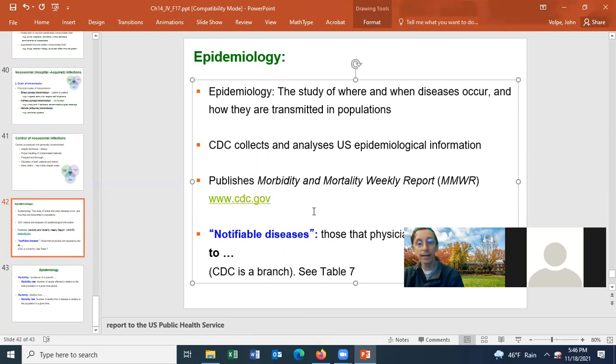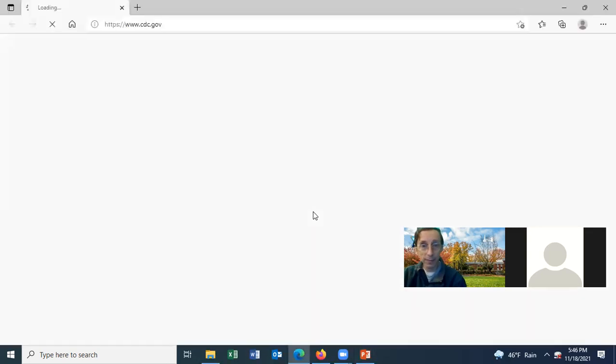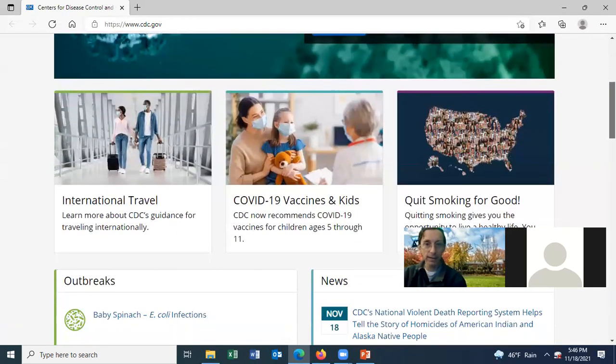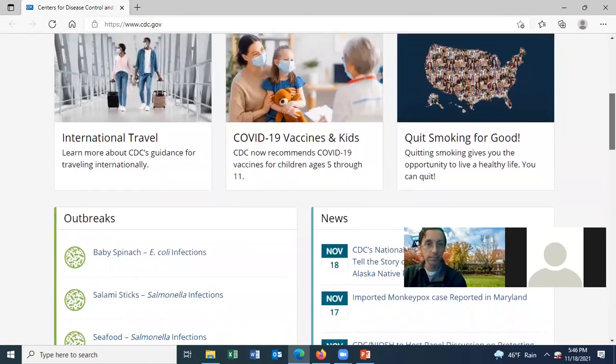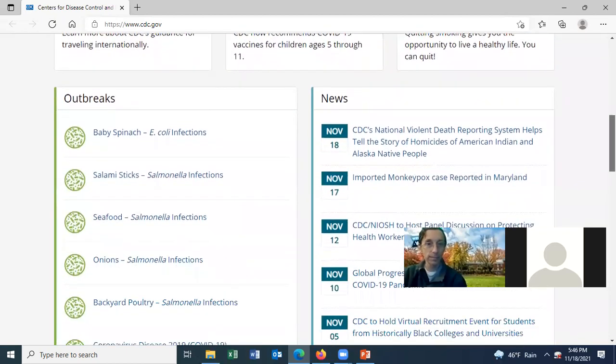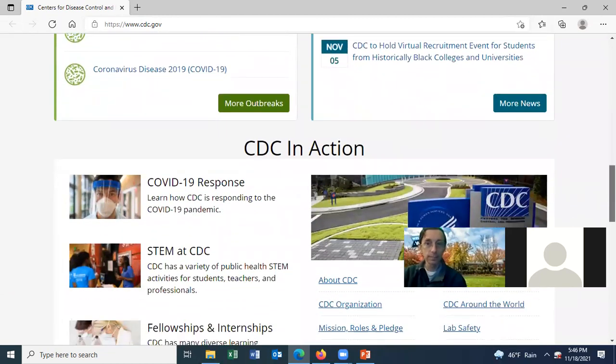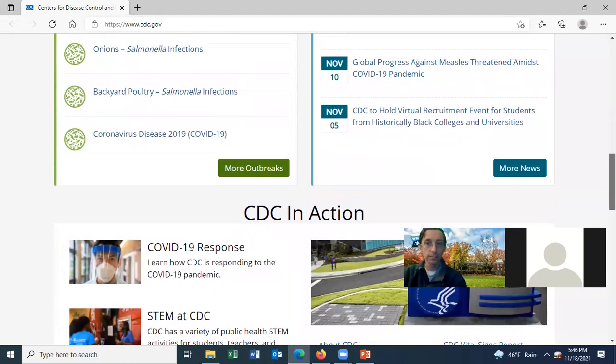And you can find that at www.cdc.gov. And here I'm going there to try and show you where it is. If you see it, go ahead and point it out to me. Oh, there's a note about the COVID-19 pandemic.